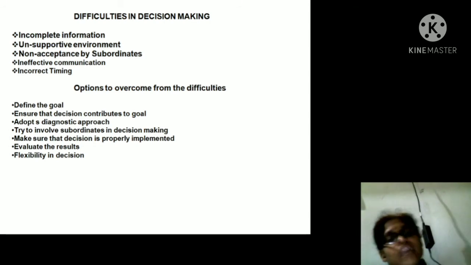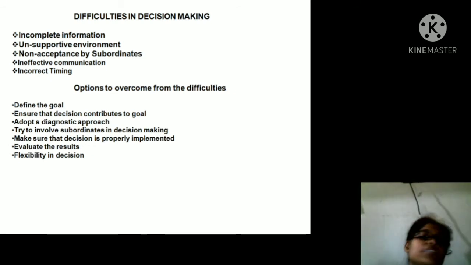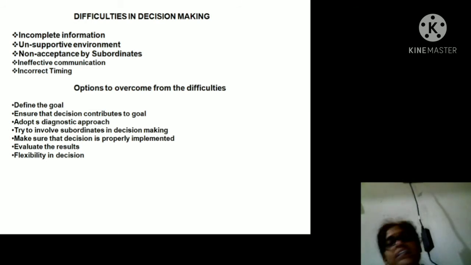Then that particular problem will go on delay, will go on continuing, and it becomes a pending problem, as the decision will not be taken at the right time. So incorrect timing is also a difficulty in decision making.